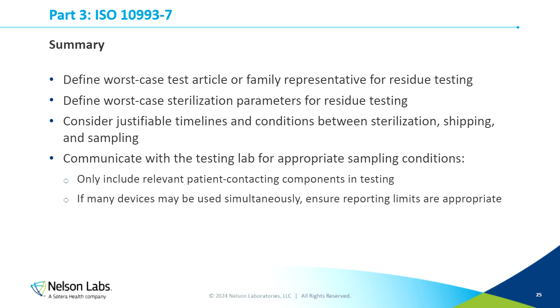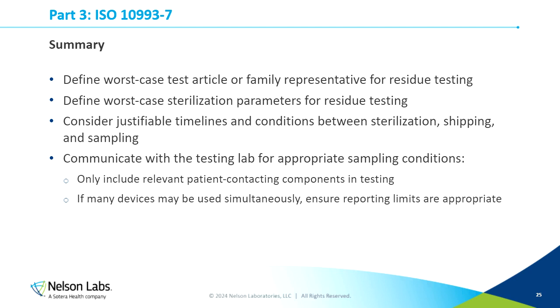And this last point is a little bit of an outlier point, but this would be a situation where, let's say you have a device that's used in neonates and you have multiple devices used at the same time. If you remember from the toxicology section, that would make your limits extremely low compared to a device that's used only in adults.